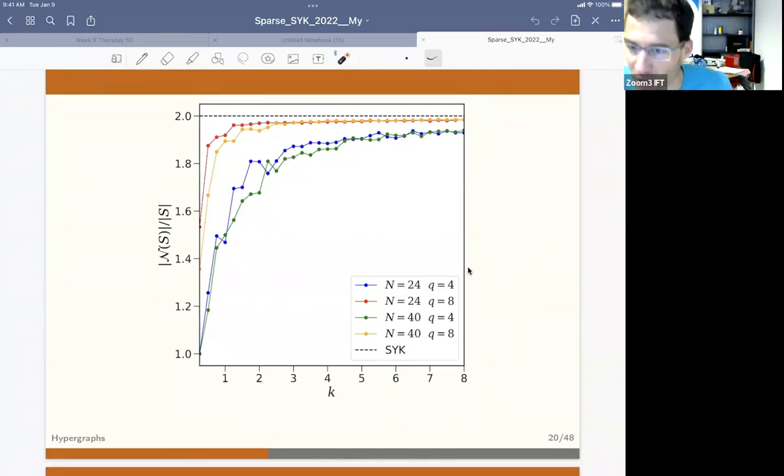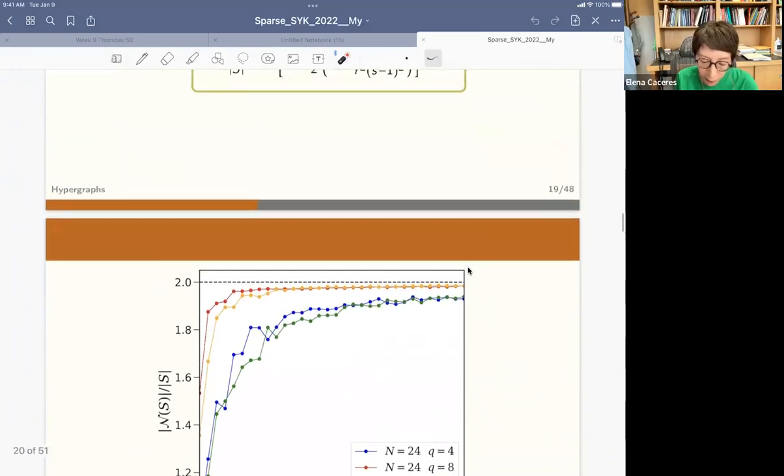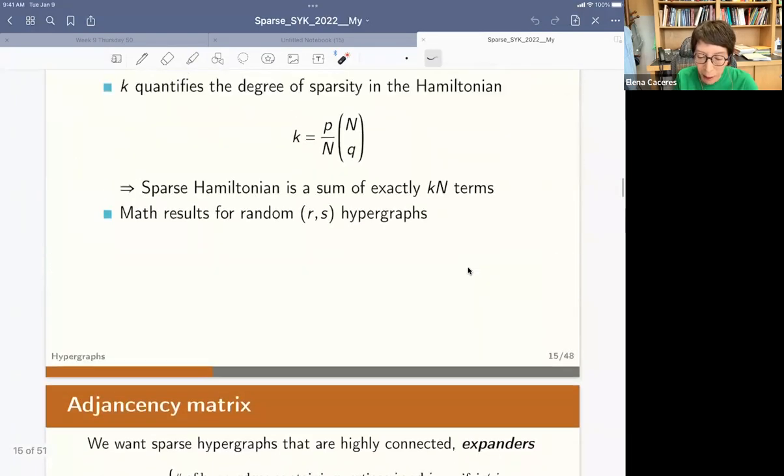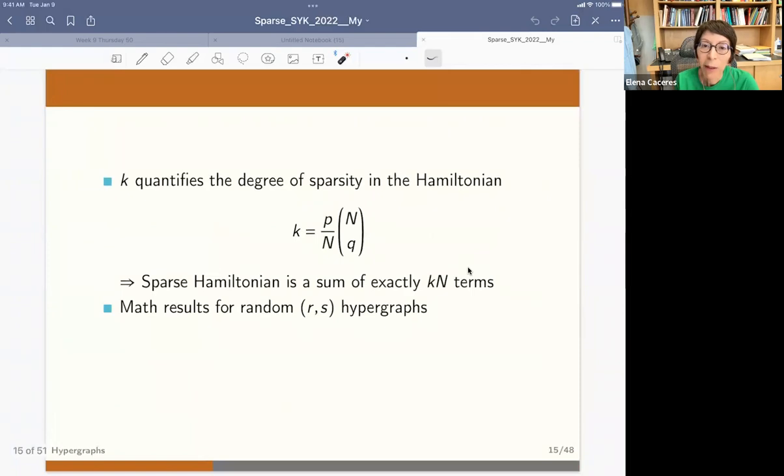Sorry, Elena, super trivial question. What is the limit where you recover the original SYK? K equals infinity, or you don't recover it? No, you recover it, but it's a number that depends on n and q. So you put 1 here, and this is where you recover the SYK.